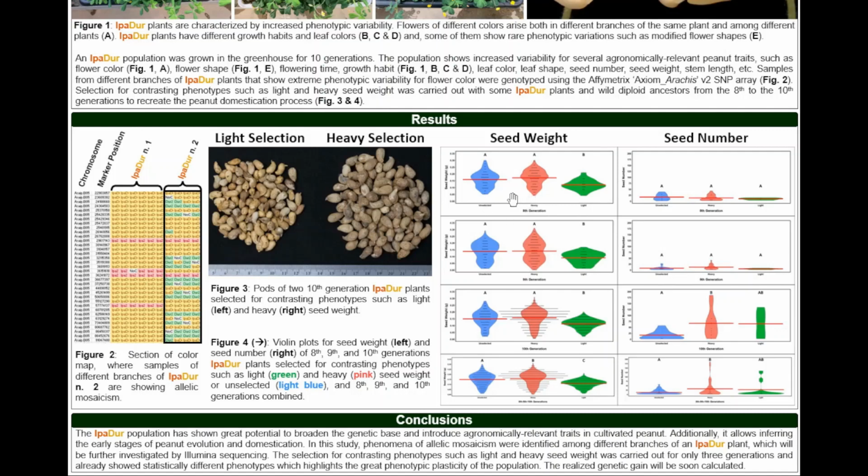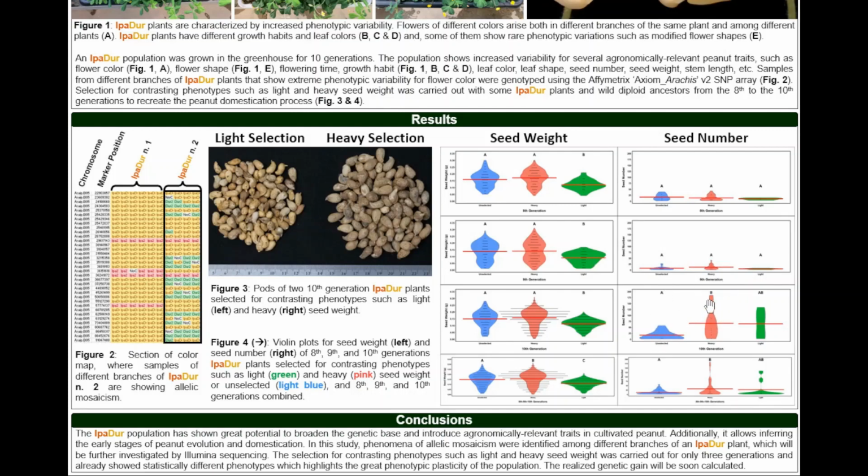We have a statistical difference between the unselected material and the light seed weight, while something is changing in terms of seed number in the 3rd generation. Usually we have no statistical difference between the 3 different selections. However, after the 3rd generation of selection, we see that some of the plants selected for heavy seed weight have an increased seed number and are statistically different from the unselected material.